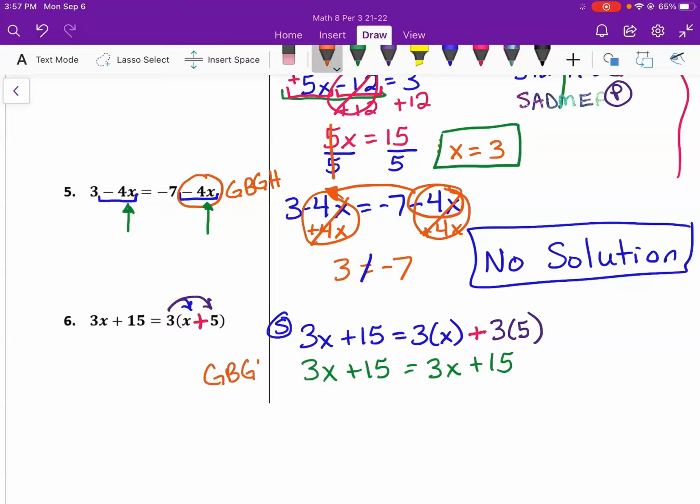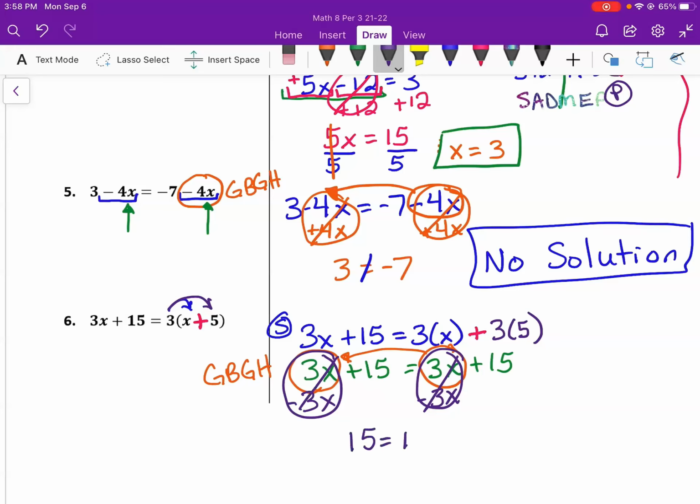Okay, next step, go big or go home. We're still on the simplify stage. So we look at our 3x and we look at our 3x and go, oh my goodness, we have the same thing. We still have to get rid of the variables first. You cannot skip this step. So 3x minus 3x gives me 0. 3x minus 3x gives me 0, and I end up with 15 equals 15.